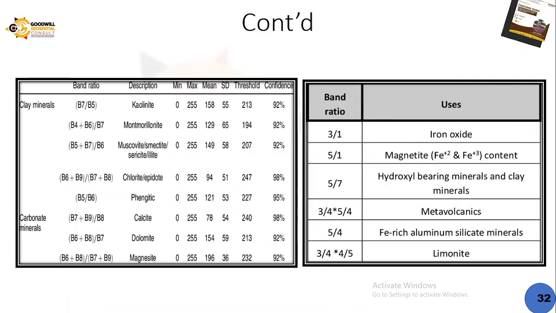So this is another form if we want to map clay minerals in Landsat 8. For clay minerals, specifically kaolinite, it's band 7 over band 5. That is, band 7 is the absorption band for clay minerals, and band 5 is the reflection band for clay minerals in Landsat 8 images. Then if we want to map montmorillonite, it is band 4 plus band 6 all over band 7.